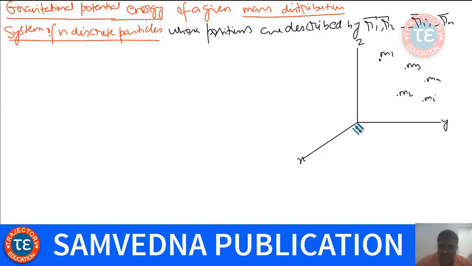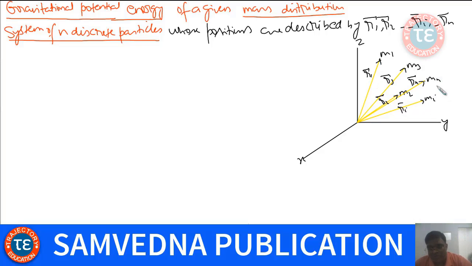Suppose m1 is described by r1 vector, m2 by r2 vector, m3 by r3 vector, mi by ri vector, and this is mn with rn vector.